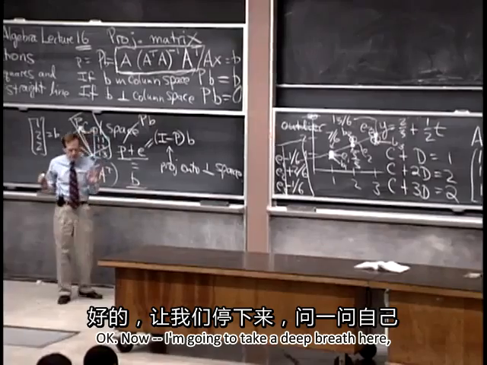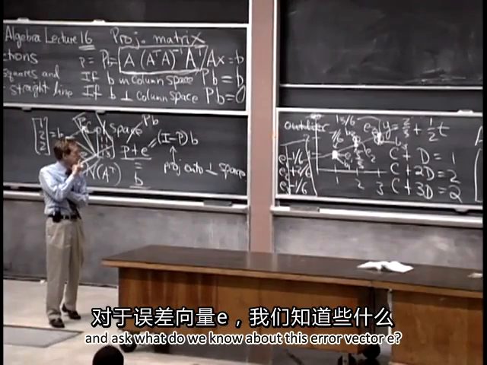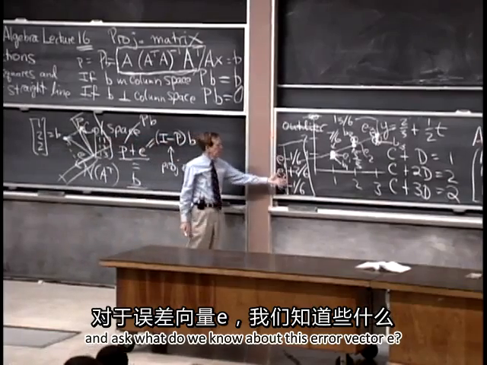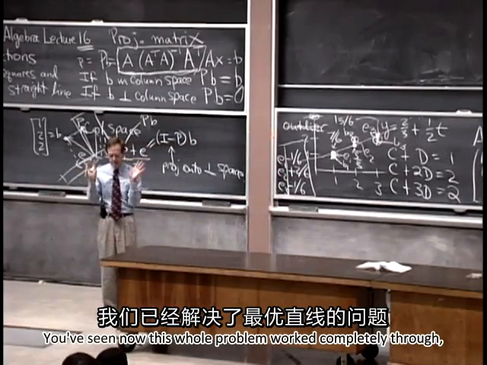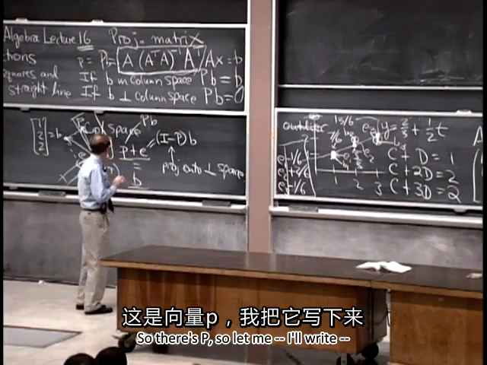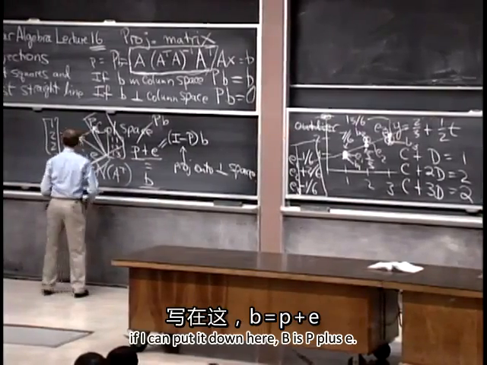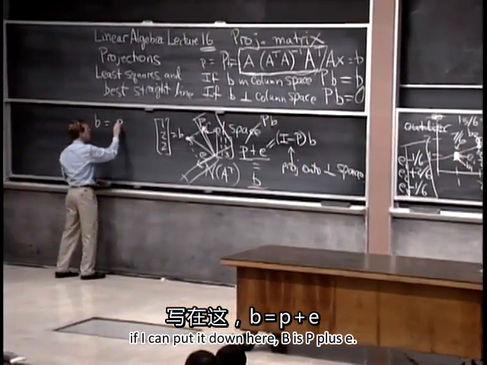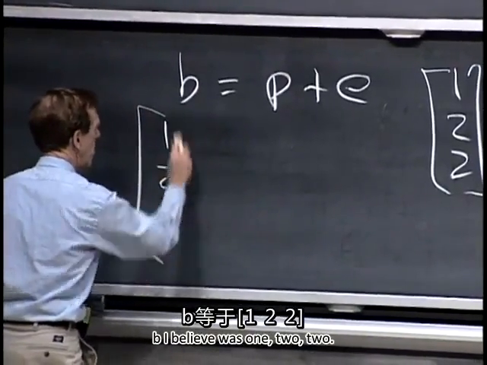Now, okay, I'm going to take a deep breath here and ask, what do we know about this error vector E? You've seen now this whole problem worked completely through, and I even think the numbers are right. So I'll write it down here: B is P plus E. B, I believe, was 1, 2, 2.